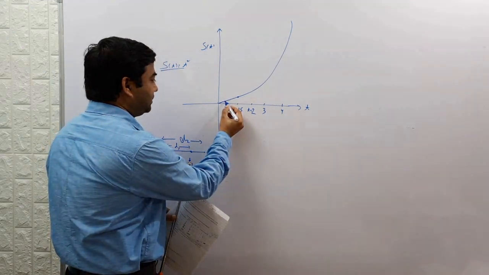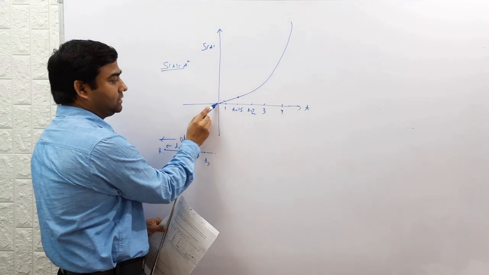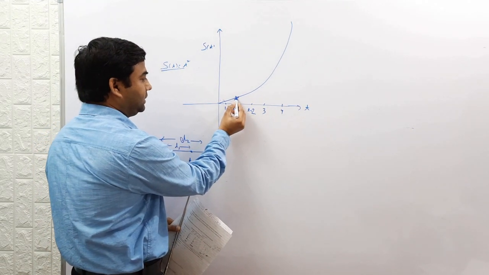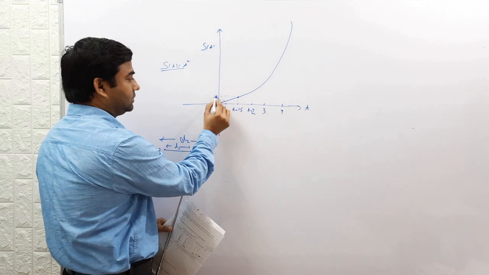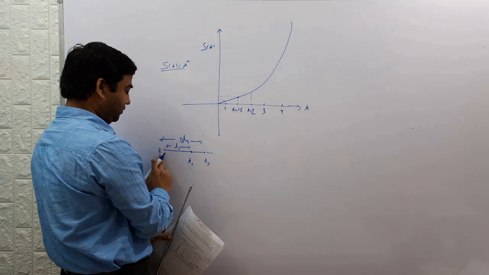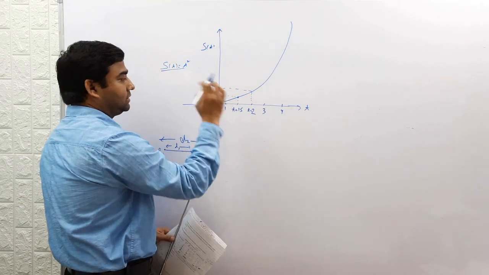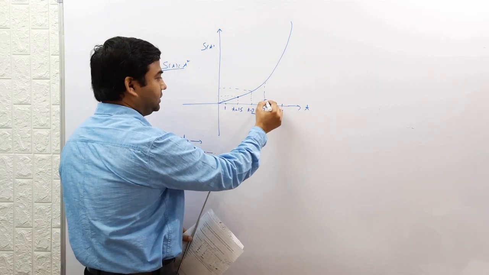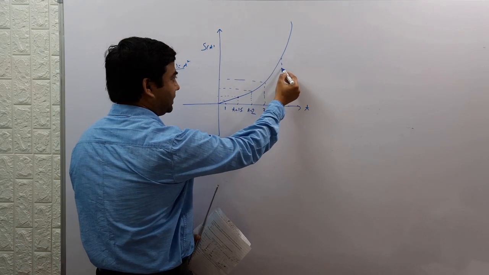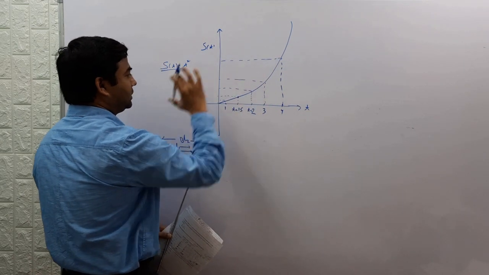At 1, its displacement is given by this length. At 1.5, displacement is given by this length. At time t equal to 2, the displacement from this reference point is given by this length. At time t equal to 3, displacement is given by this, and at time t equal to 4, its displacement is given by this.